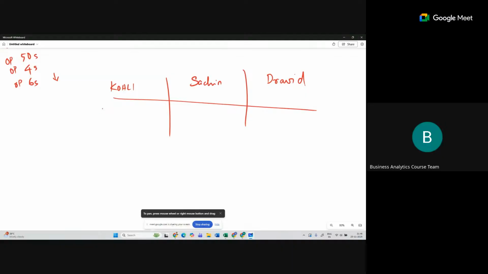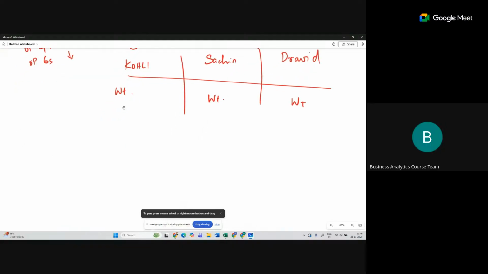We are going to compute the weights of Virat Kohli, the weights of Sachin, the weights of Dravid. Let's take Virat's example. We will solve a DEA problem for Virat Kohli and check whether he is efficient or not.